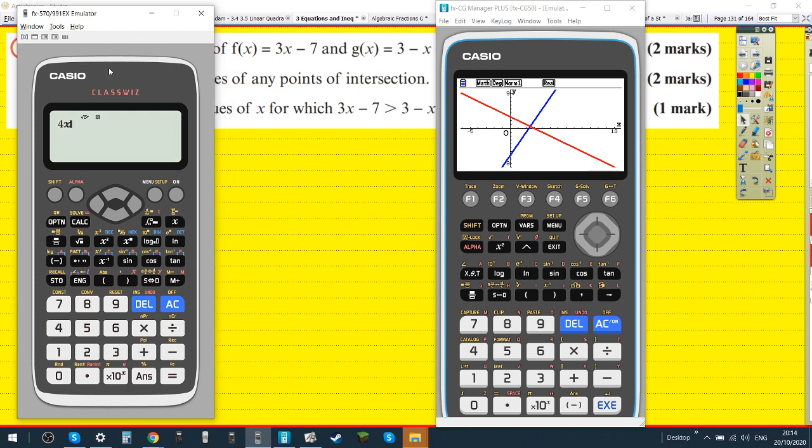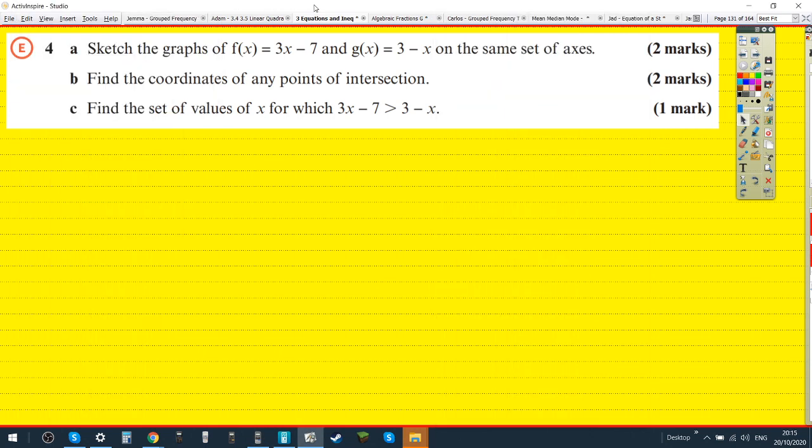So 4x minus 10 equals 0, and then you can do alpha calc for equals, shift calc for solve, and just pick a lucky number. 2.5. And so x is 2.5.